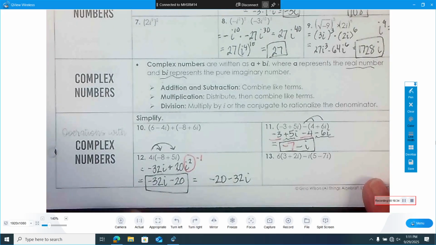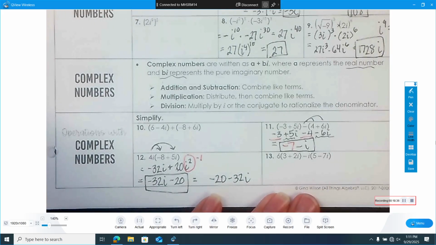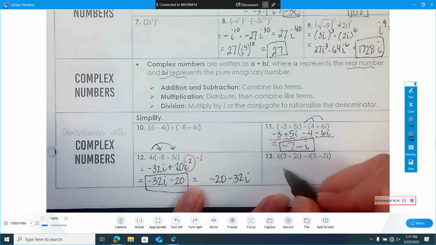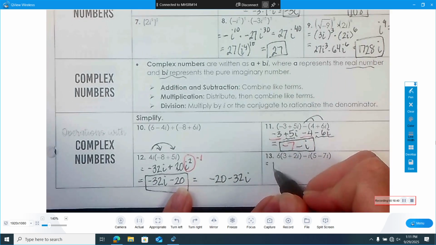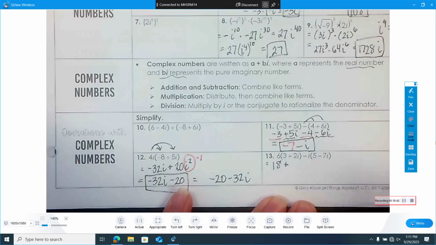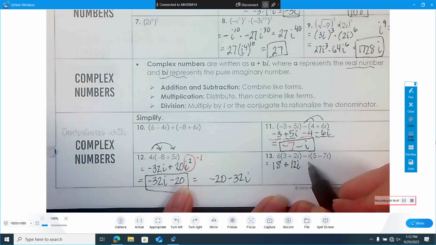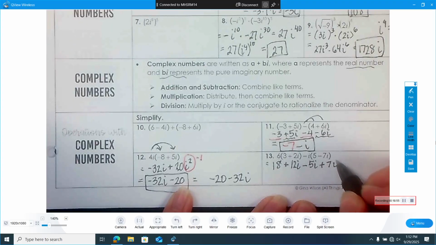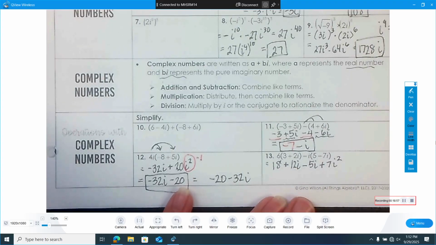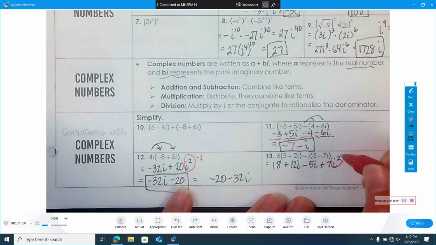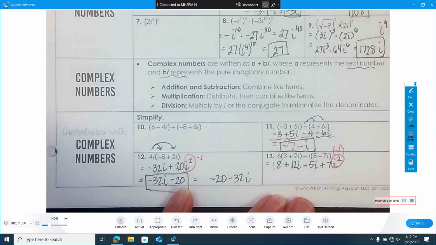All right. What do we want to do on 13? Distribute. Very easy. 6 times 3 is 18 plus 12i. And then negative i times 5 is negative 5i, and positive 7i squared. What do we need to notice there? i squared makes it a negative 7.